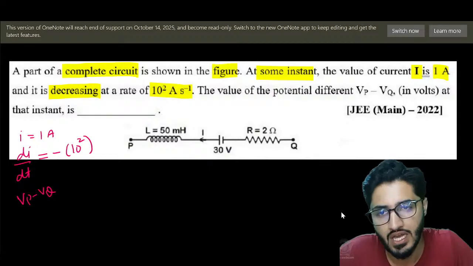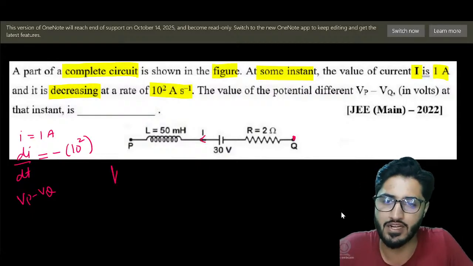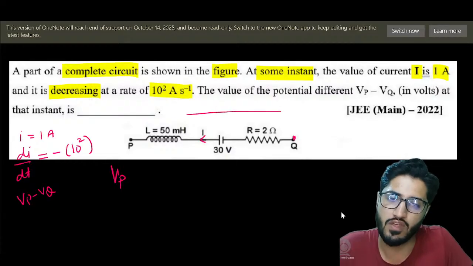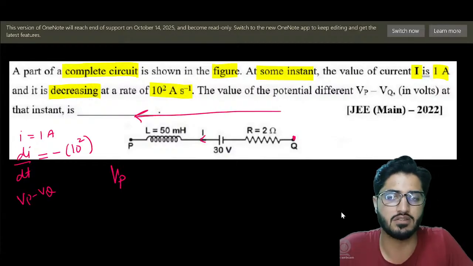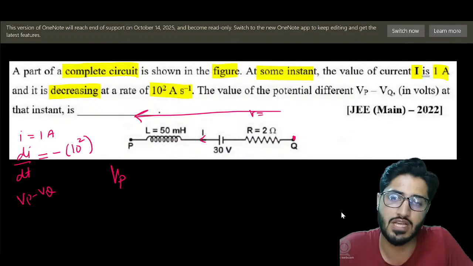Look here. Current is going in this direction. Potential here is Vp. Now we are going in the direction of current, so the potential drop is minus IR. Minus to positive, it is positive 30.